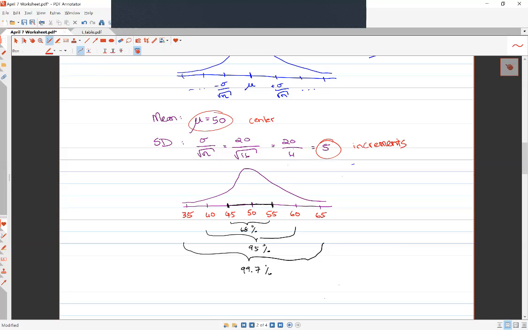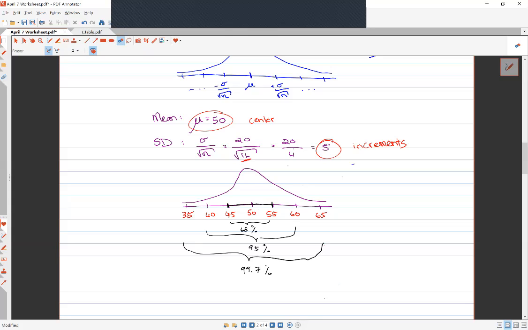So if I can correct what I said earlier, this means 68% of the time, the average will be between 45 and 55. Almost always, like 99.7% of the time, it'll be between 35 and 65. Importantly, a sample of size 16, right?